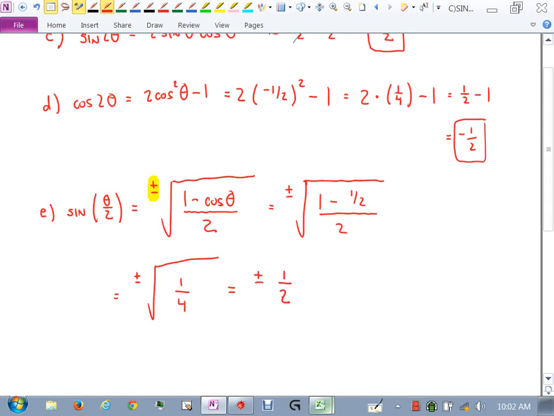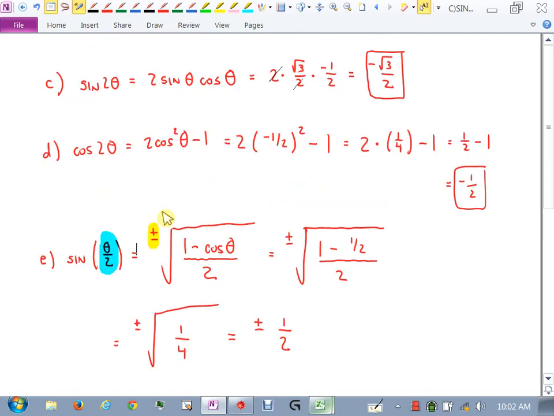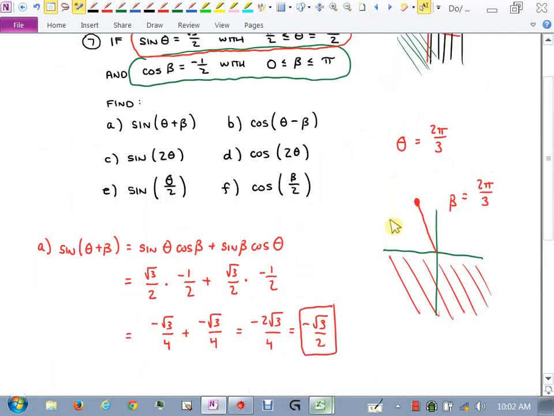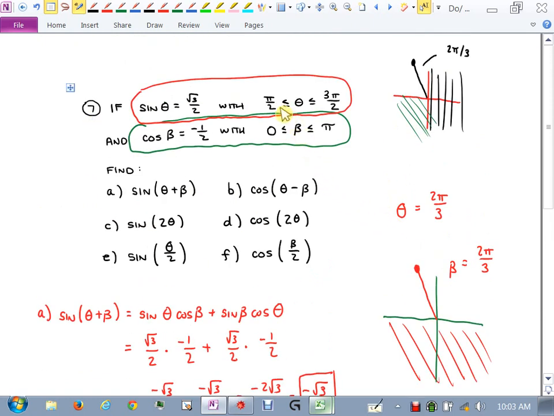Now the question is, is it positive or negative? So I am interested in knowing what theta over 2 is, right? Like, what is this angle theta over 2? Well, theta, going back up to my picture, theta was in what quadrant? Right here. Theta was right here, right?